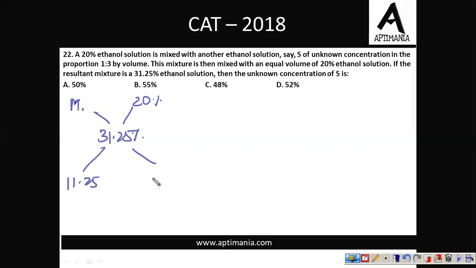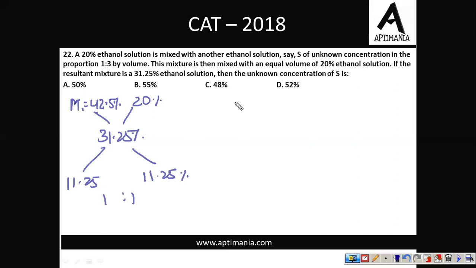And since they are mixed in the ratio 1:1, so this value should again be 11.25%, right? This will give you the value of M1 as 42.5%. So what we have determined is that the first step, where 20% ethanol solution is mixed with another ethanol solution, the resultant mixture has a concentration of 42.5%.